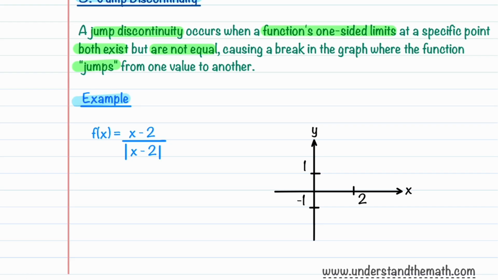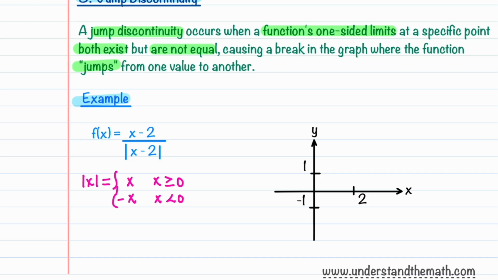To understand how this function has a jump discontinuity, let's look at the absolute value of x minus 2. I'm first going to write down a definition that you need to know, and in case you haven't seen it, here it is. The absolute value of x is defined to be x when x is greater than or equal to 0 and minus x when x is less than 0.